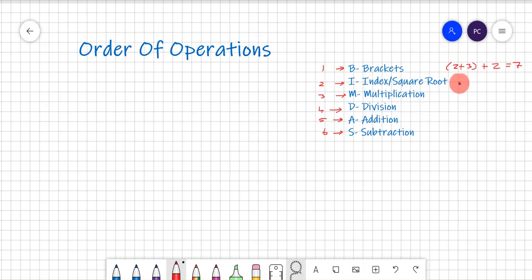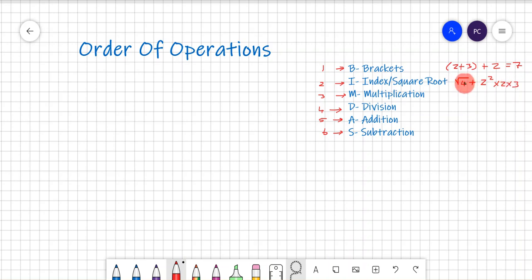So for example, if you had, let's say, the square root of 4 plus, let's say, 2 to the power of 2 multiplied by 2 multiplied by 3.